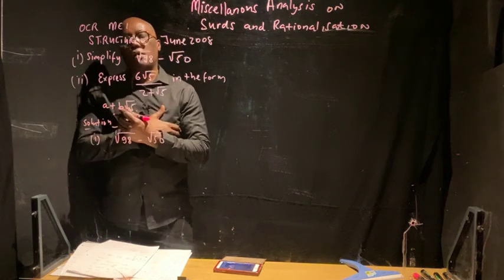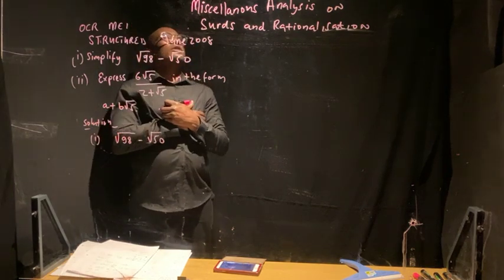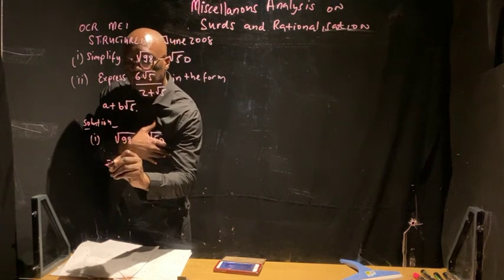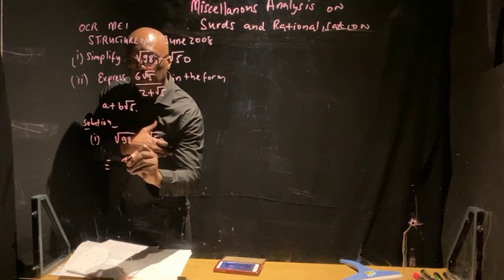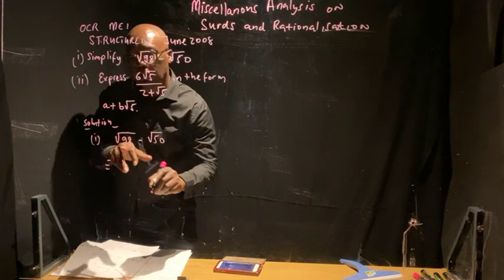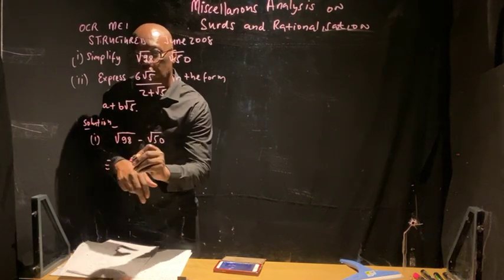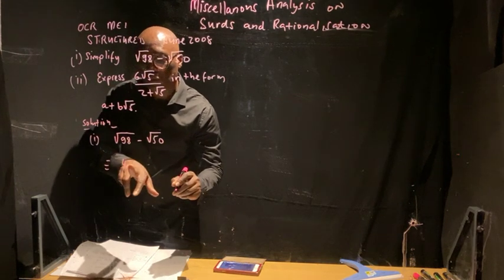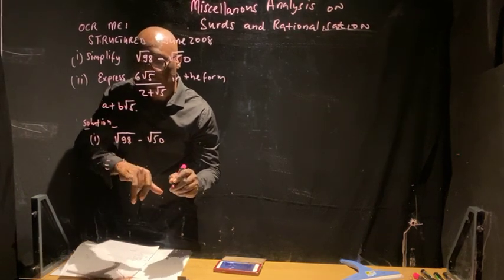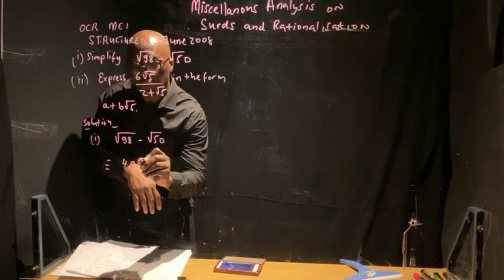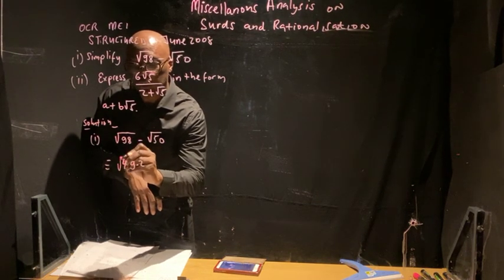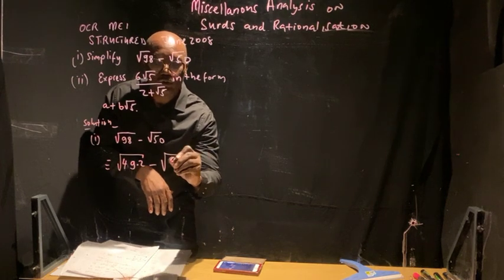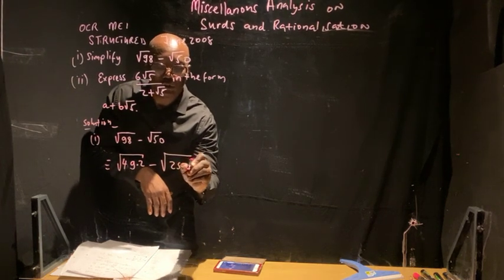Remember, 98 is equal to 49 times 2, and root 50 is equal to 25 times 2.